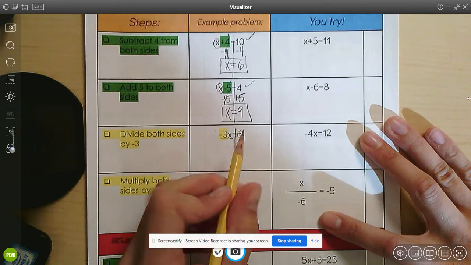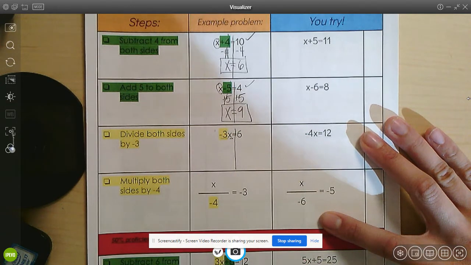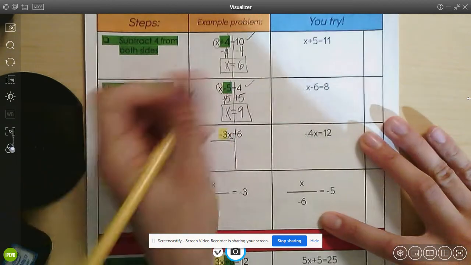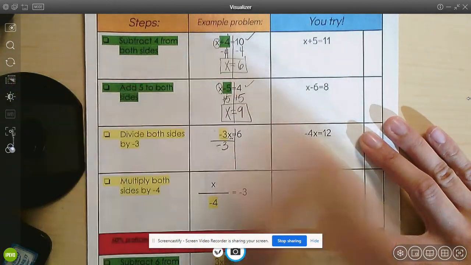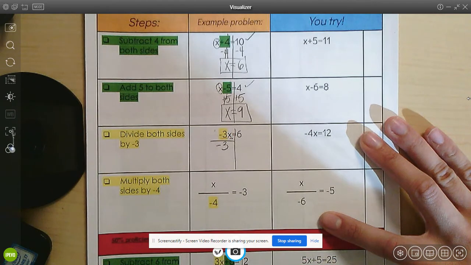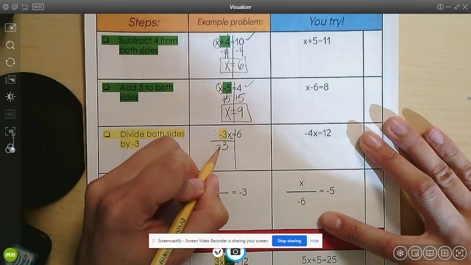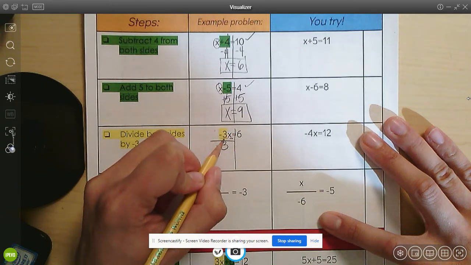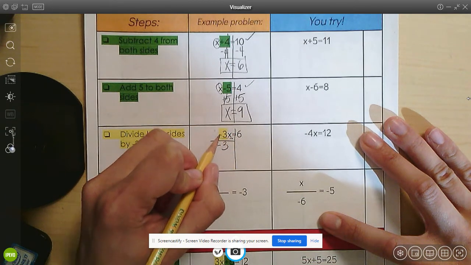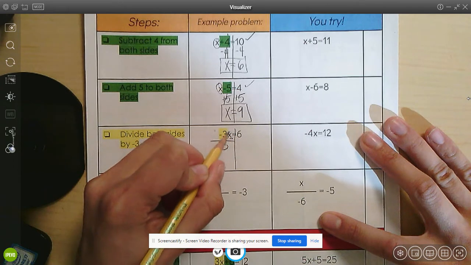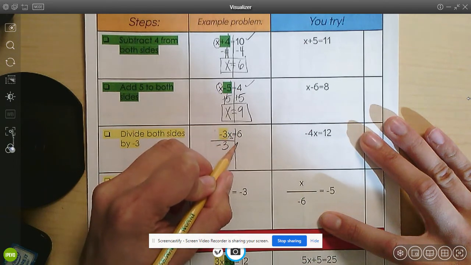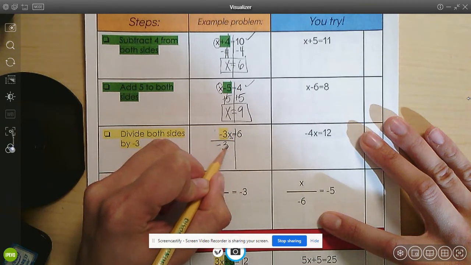So the inverse of multiplying by negative 3 is going to be to divide by negative 3. The most common mistake people make with this type of problem is seeing that negative and thinking, oh, it must be a plus 3. But you have to look at what operation is being performed to the x, right? This negative 3 is being multiplied by the x, so the inverse is to divide by negative 3.